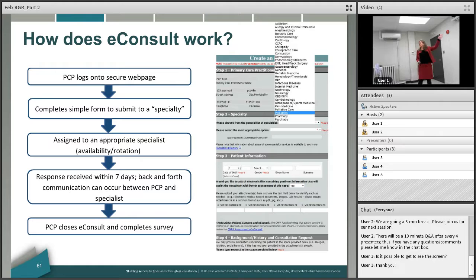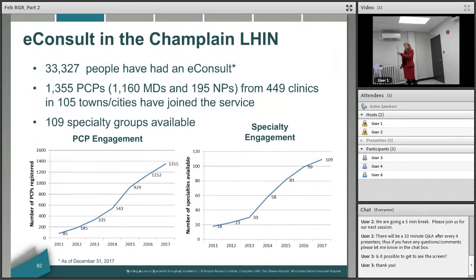We have a huge drop-down list of specialty services that are available, 109 now, anything that you can imagine. And we ask the specialist who then answers to give us a reply within 1 week. So that's pretty great. You see me Monday, I do an e-consult for you. Usually I'm getting the response actually in 2 days. And then I'm going to phone you or call you back in as my patient to discuss the result with you.